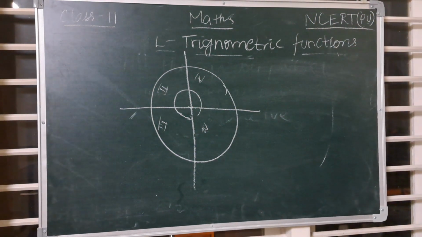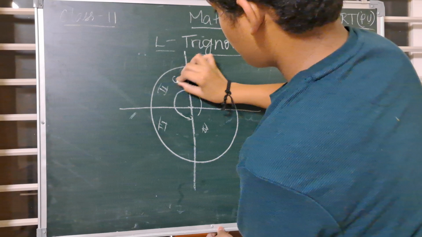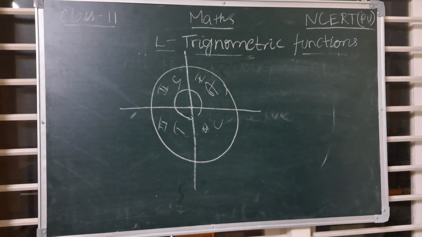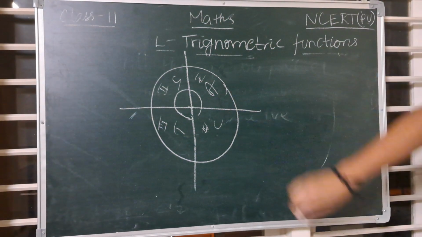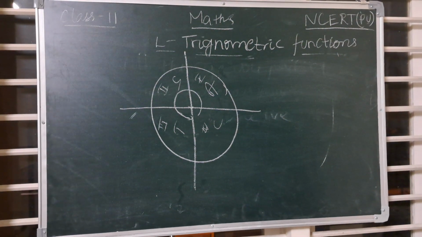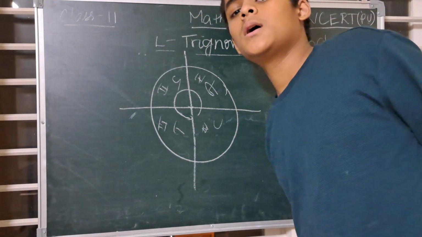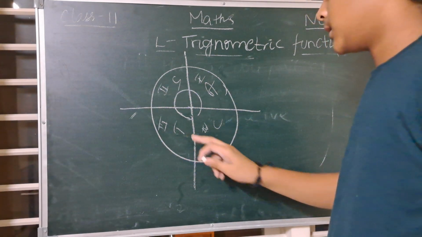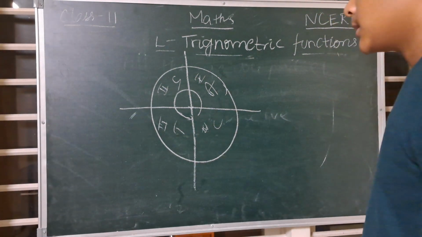According to the ASTC rule, in the first quadrant all the signs, that is sine, cos, tan, cosecant, secant and cot, are positive. In the second quadrant, only sine and its reciprocal cosecant are positive. In the third quadrant, only tan and its reciprocal cot are positive.